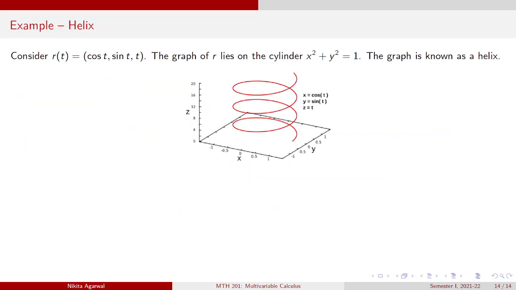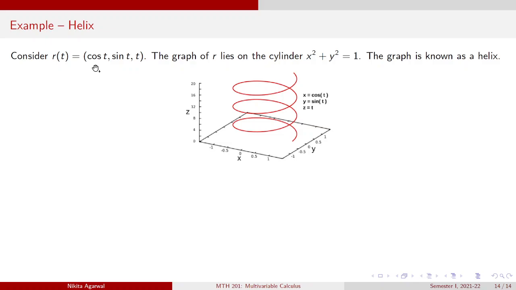Another example is that of a helix, and we already saw this example when we were describing arc length parameterization. So consider r(t) to be (cos t, sin t, t).